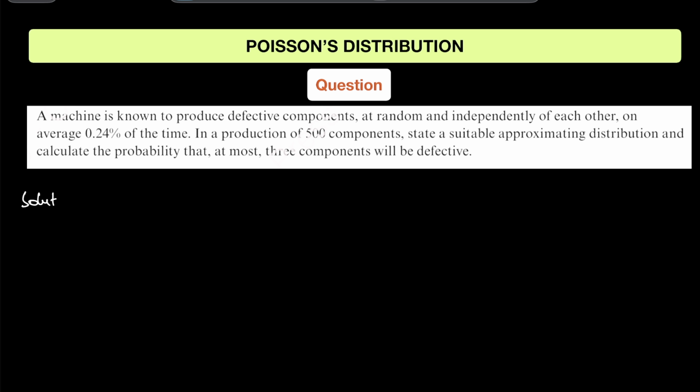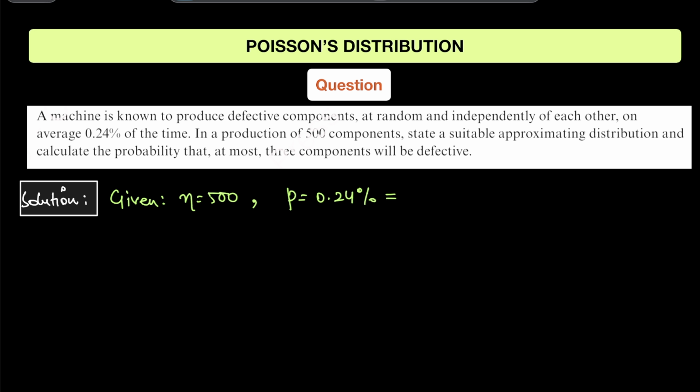First of all, we will write down the things which are already given to us, and then we will start with the solution. So in this question we are given the number of items as 500, and we are given that the value of p, that is, producing a defective component, is 0.24%, which when converted into decimal gives the value 0.0024.